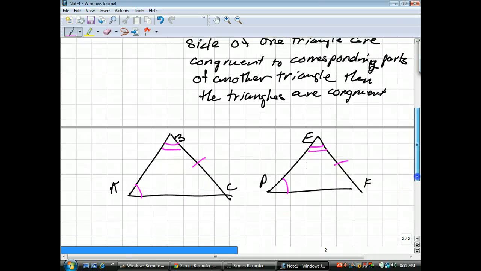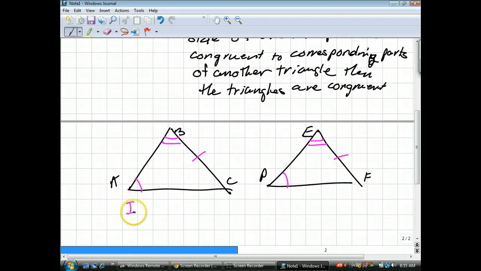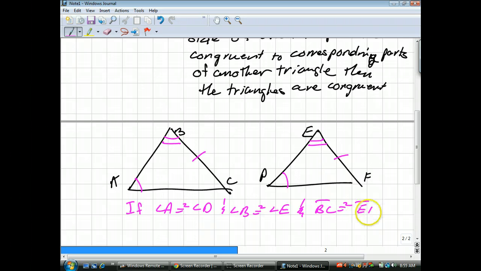So if angle A is congruent to angle D, and angle B is congruent to angle E, and segment BC is congruent to segment EF, then triangle ABC is congruent to triangle DEF. That's what the theorem says.